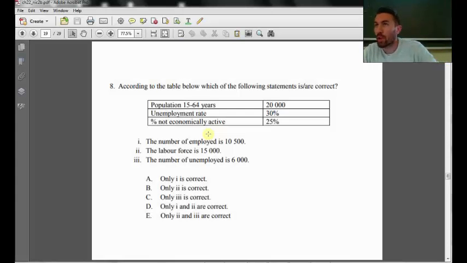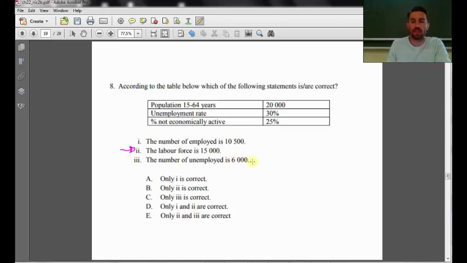Okay, can we go through the answers? Excellent. Okay, let's start with the easiest one, number 2 over here. Is the labor force 15,000? You happy with that? Excellent. Okay. Thereafter, having figured out that the labor force is 15,000, is the number of unemployed 6,000?